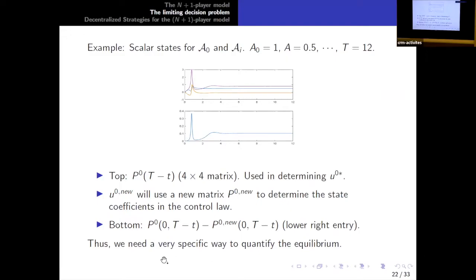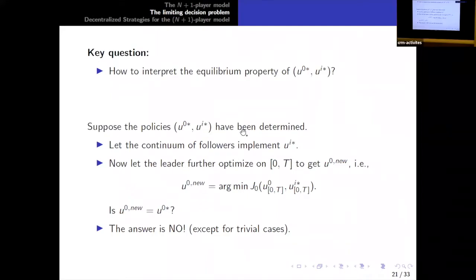So here in the following, we will check what's the right way to quantify the equilibrium. Okay, obviously, for the obtained strategies, if we use a performance measure like this, okay, it is not appropriate.